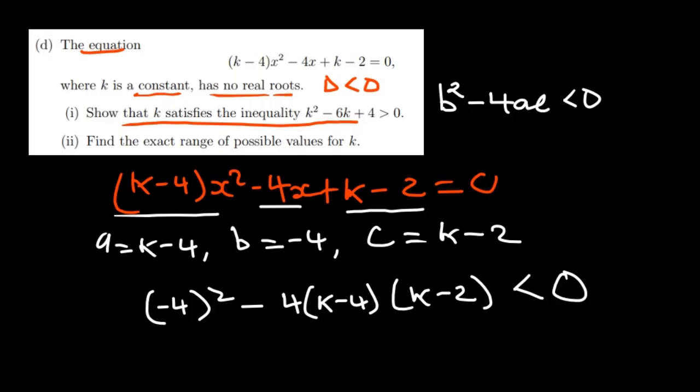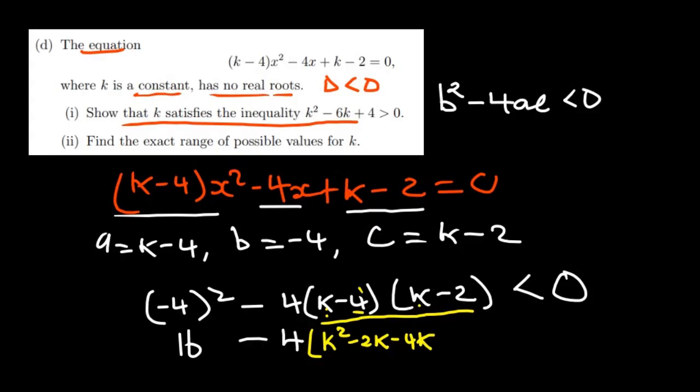Minus 4 squared gives me 16, and then minus 4 multiplied by (k minus 4)(k minus 2). So k multiplied by k gives k squared. k multiplied by minus 2 gives minus 2k. Minus 4 multiplied by k gives minus 4k. And minus 4 multiplied by minus 2 gives plus 8. All this should be less than 0.